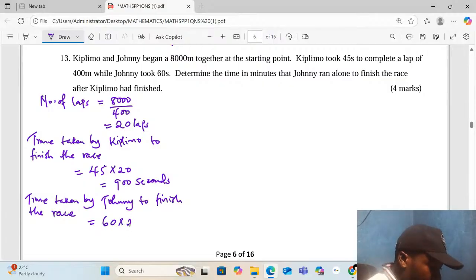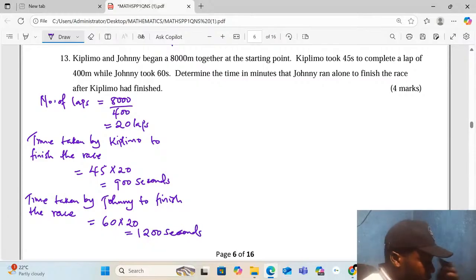Then we multiply by the 20 laps. So that means Johnny is going to take 1,200 seconds to complete the race.